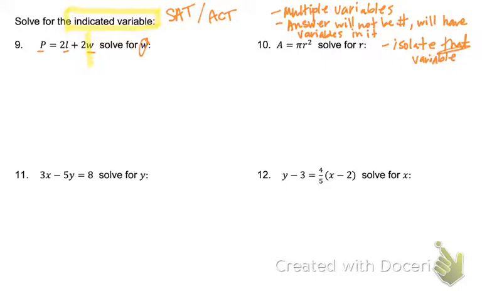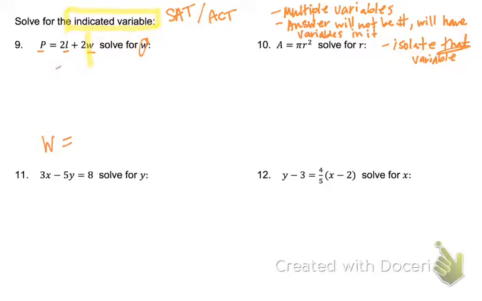So if we look at number 9, if I want to get W by itself, my suggestion is always to circle or highlight the variable that you're trying to get by itself, because your answer is not going to be correct until you have something that is W equals blah, blah, blah. Okay? That should be your final answer. And then so our goal is to get to that.